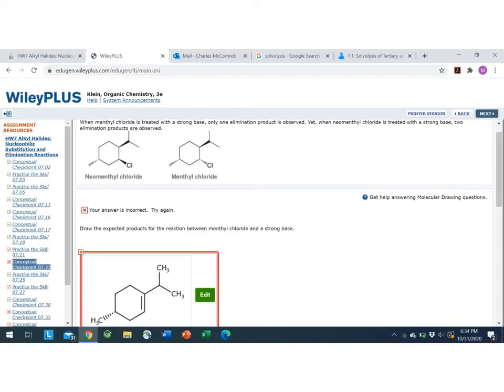So in this question, again, you're doing an elimination. For methyl chloride, you're only observing one elimination product. So what do you need to do to solve this? You identify that's the good leaving group. That's going to be part of the elimination. If we call that the alpha carbon, the carbons bonded to that are beta, and then we have beta prime.